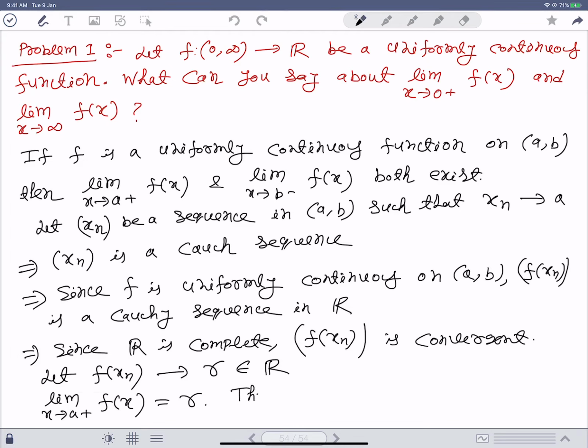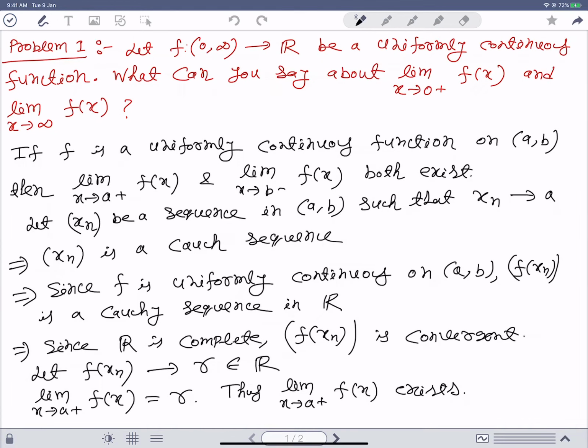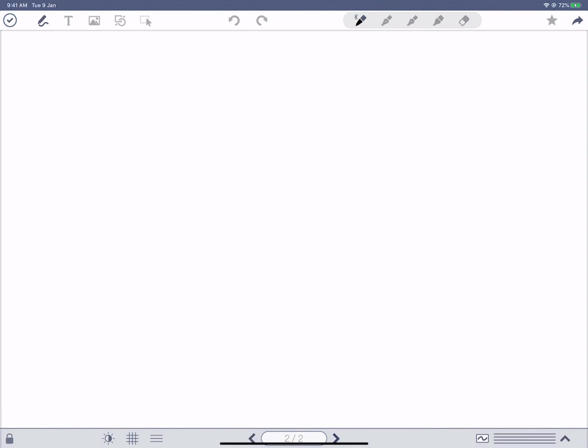So thus the right hand limit exists. The limit as x tends to a plus of f(x) exists. Therefore in this case we can say that the limit as x tends to 0 plus of f(x) exists.